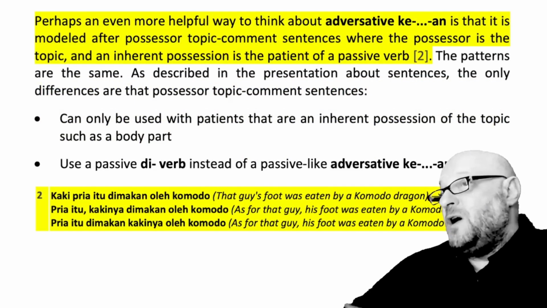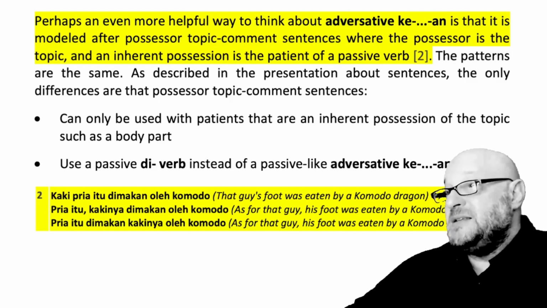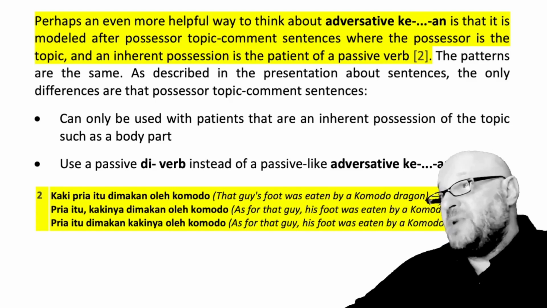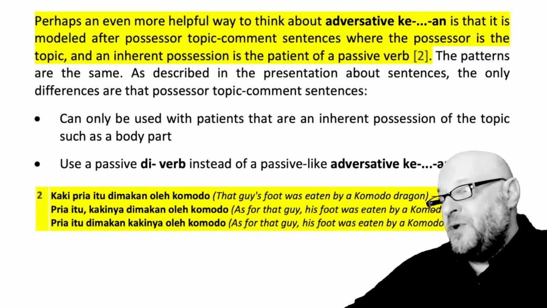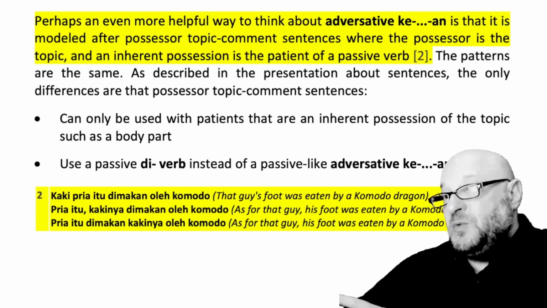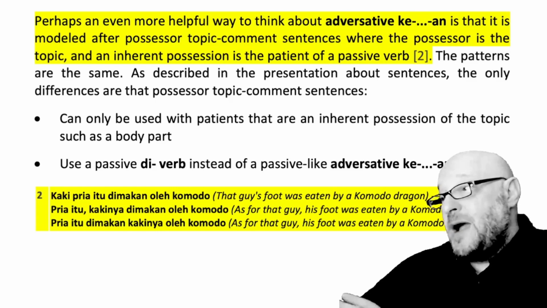Perhaps an even more helpful way to think about adversative ke-an is that it is modeled after possessor-topic comment sentences, where the possessor is the topic and an inherent possession is the patient of a passive verb. In example 2, kaki pria itu dimakan oleh Komodo, an active sentence. That guy's foot was eaten by a Komodo dragon.